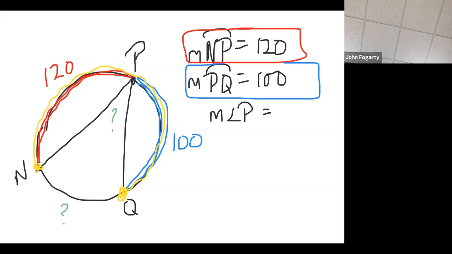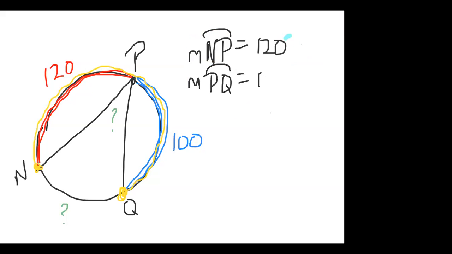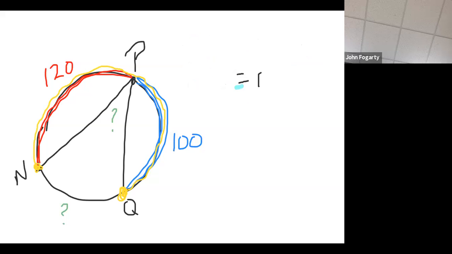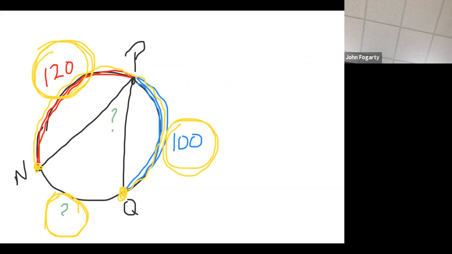If I kept going and got all the way back to Q, what would that total be? It's a full circle. 360. Yeah, it would be 360. So I can figure out this number because I know this number plus this number plus this number has to equal 360. And then once I know this number, I can figure out that number.